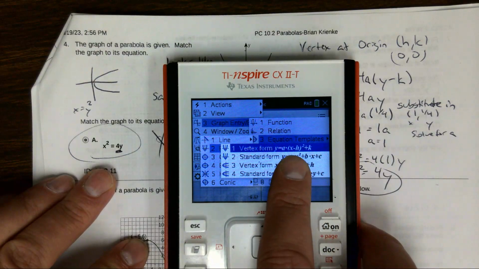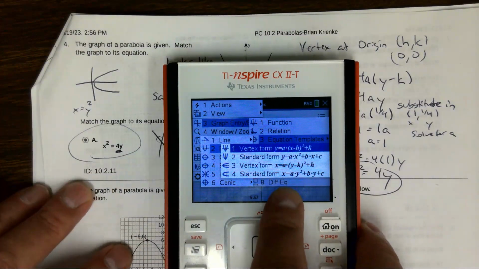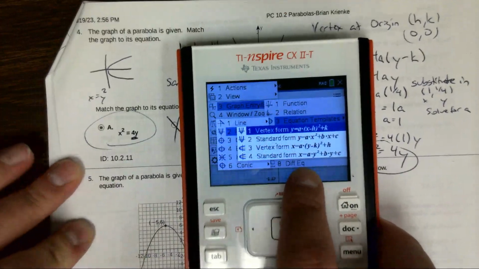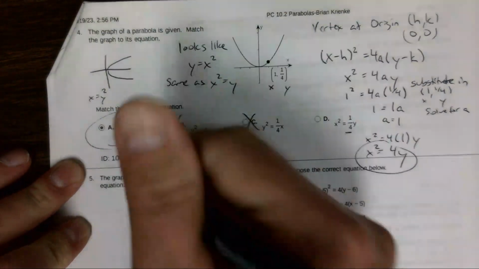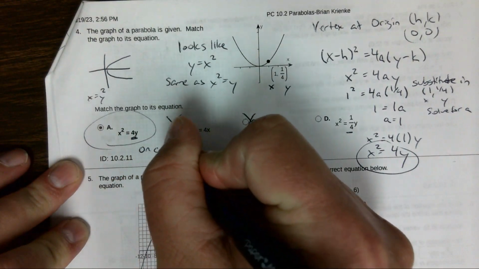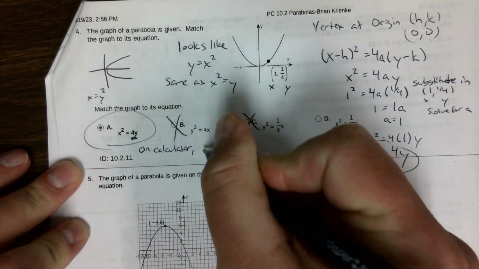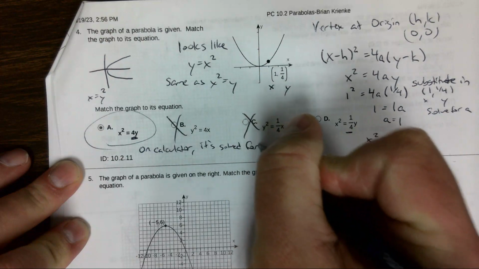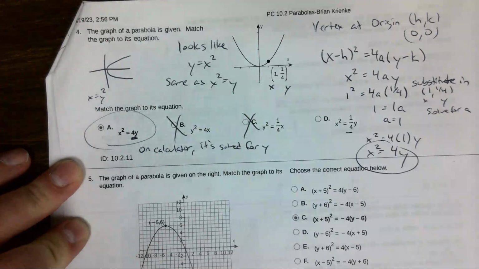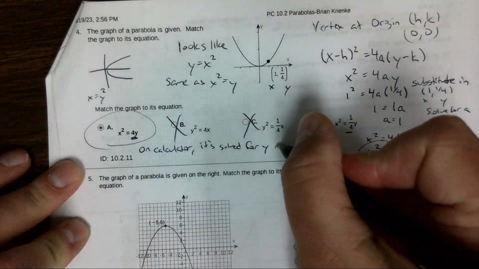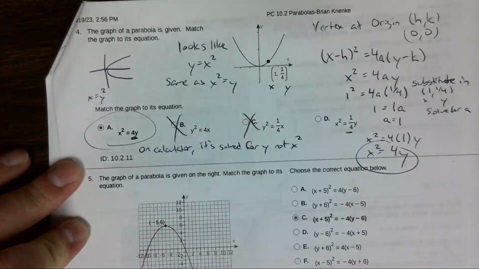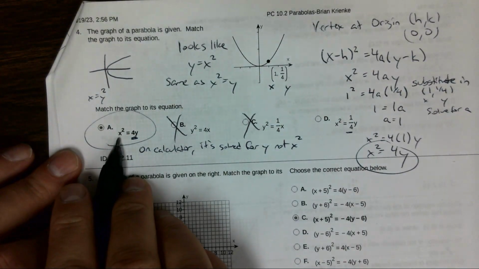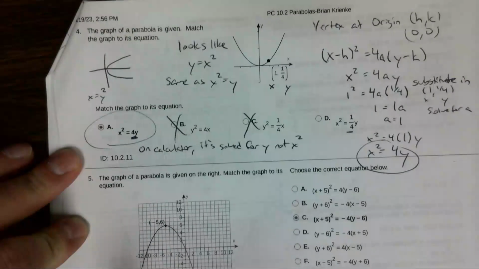If you notice on here, these are all solved for y. So on the calculator, it's solved for y, not x squared. So you can't just say x squared equal here.